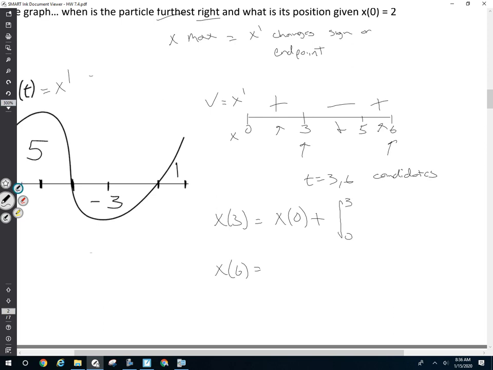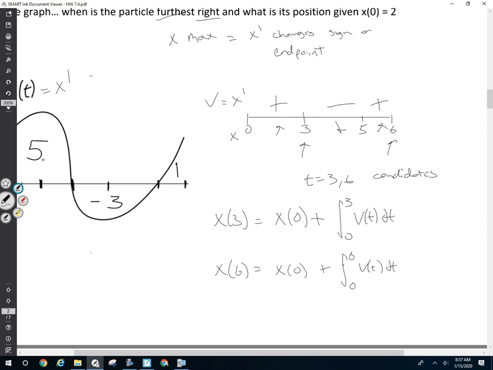We know displacement is the area under my velocity curve, or the area under the derivative of position. I could literally do this. Sorry, this would be 0 to 6. And the areas under my velocity, which will tell me the displacements, will give me the answers that I'm looking for.